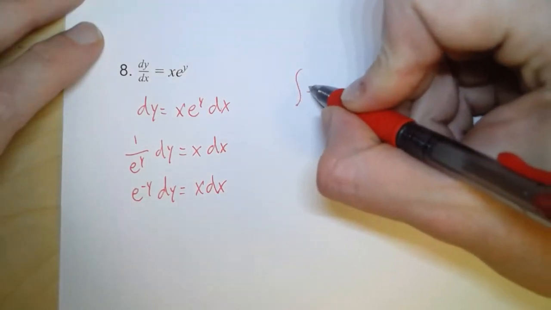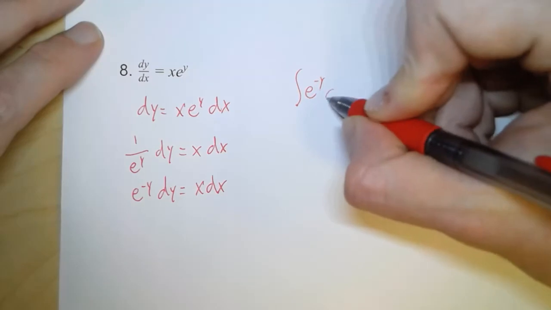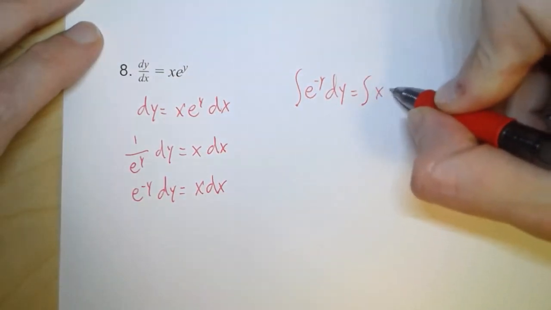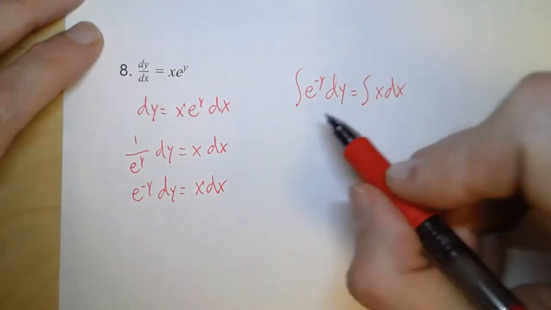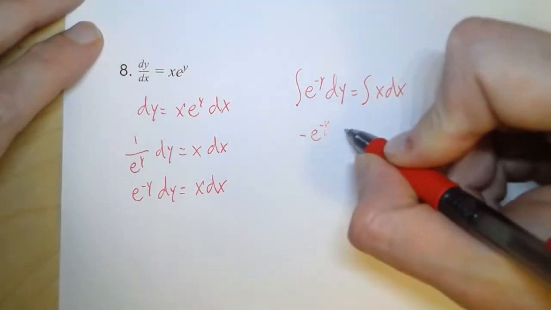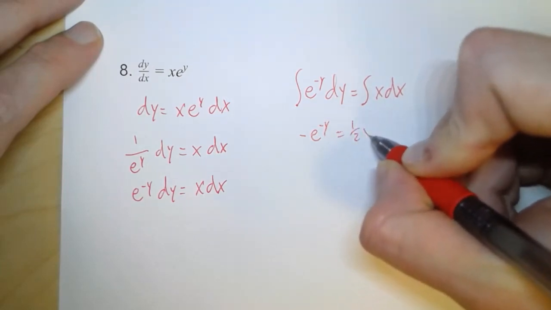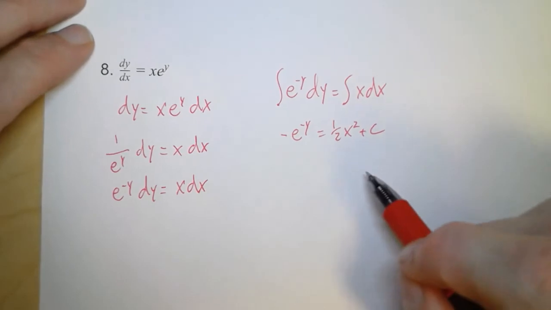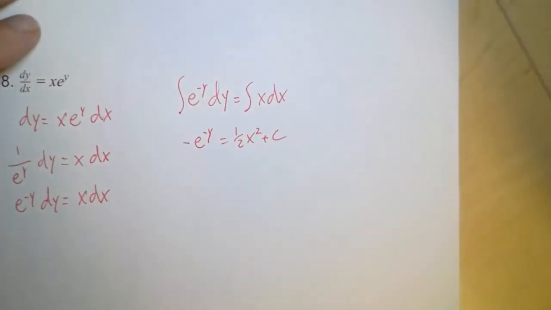Now when we integrate, we have the integral of e to the negative y dy equals the integral of x dx. So my antiderivative here is negative e to the negative y equals 1/2 x squared plus c. So now we've integrated, so now we have to isolate.